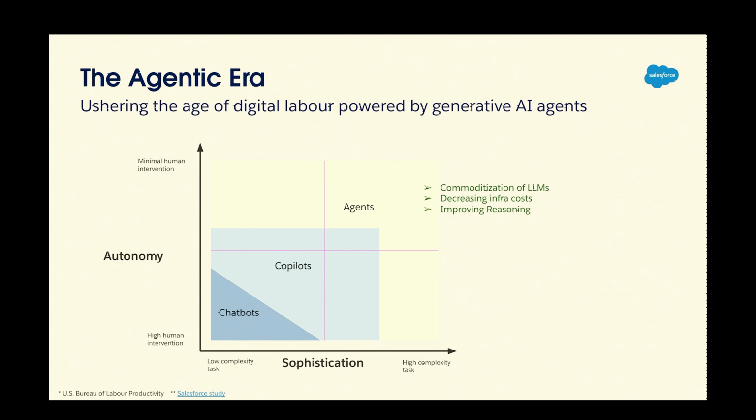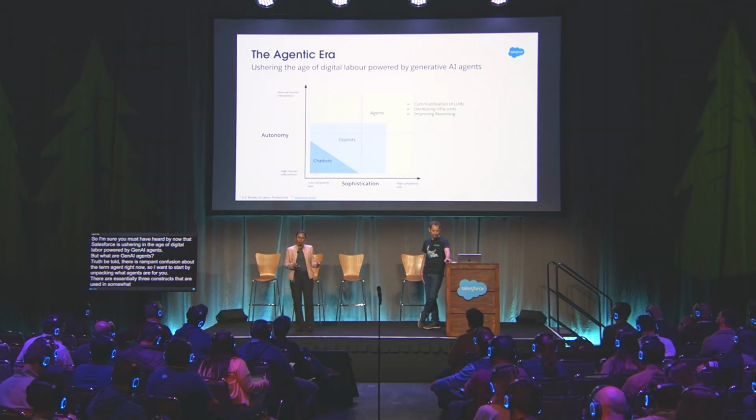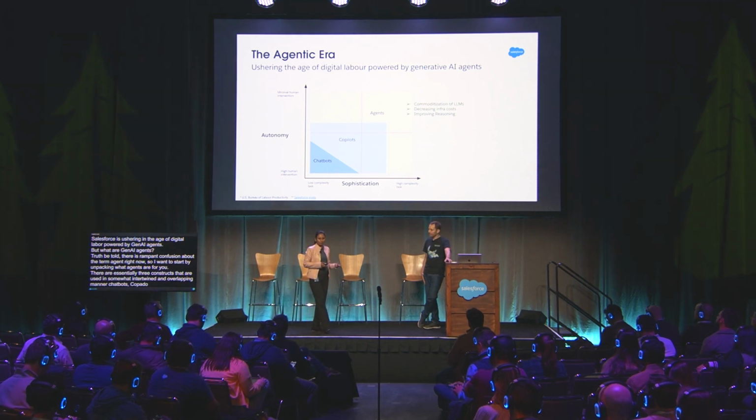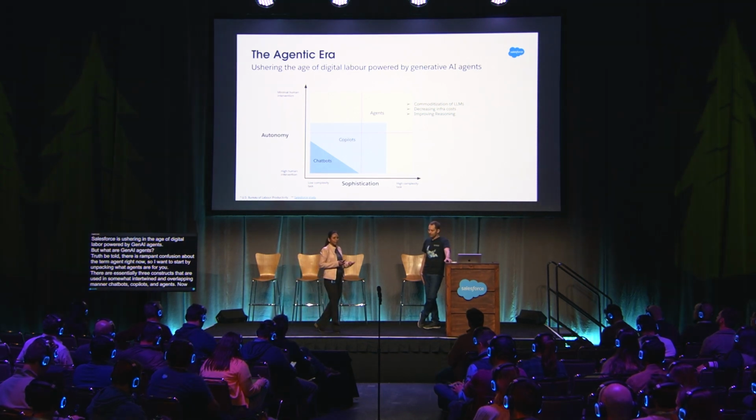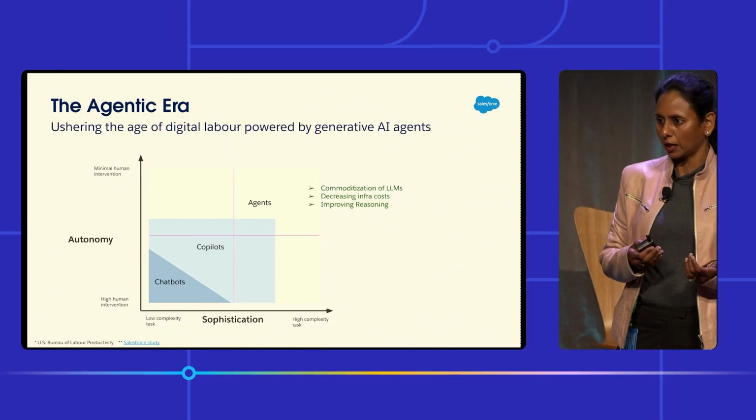There are essentially three constructs that are used in somewhat intertwined and overlapping manner: chatbots, copilots, and agents. While there is no quantitative criteria to help you distinguish between them, the scale you can use is the increasing levels of autonomy and sophistication.